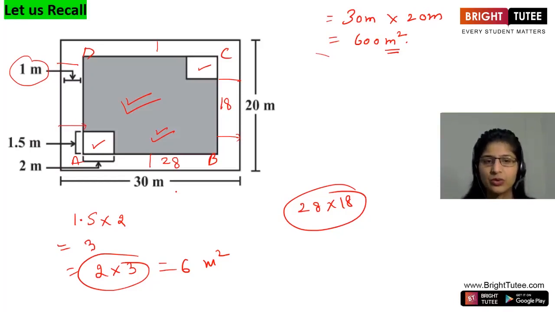If we have to fit the tiles into it, we will find the area of a tile, also we will find the area of this garden, and we will divide the area of the garden by the area of one tile. That will give us the number of tiles required to cover this portion. So these are the things that we have already discussed. Let us have a practice of some basic questions.